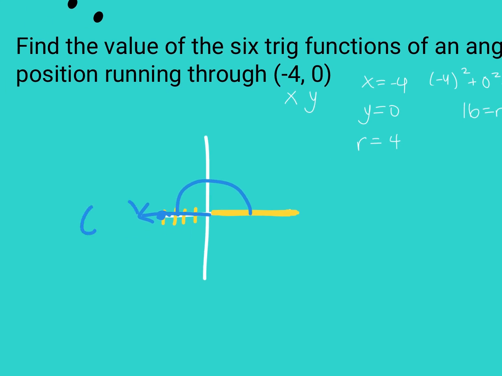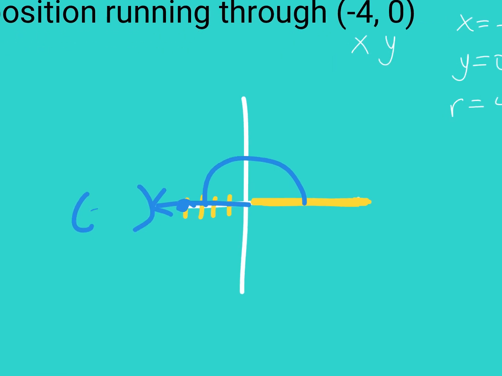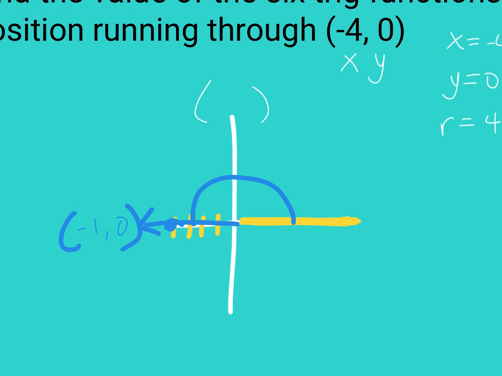What is the ordered pair over here, guys, at 180? No, on our quadrants. Which way did you move? Left. Is that negative or positive? Negative 1, comma, how much did you move up or down? 0.